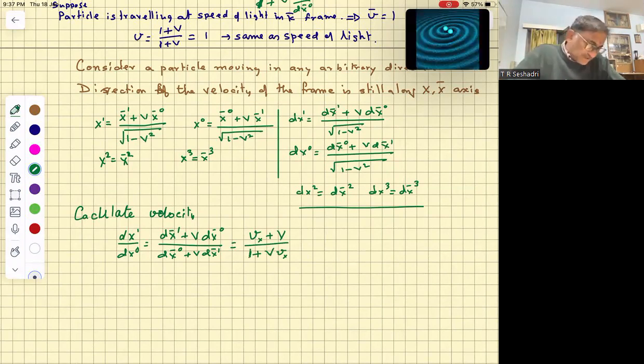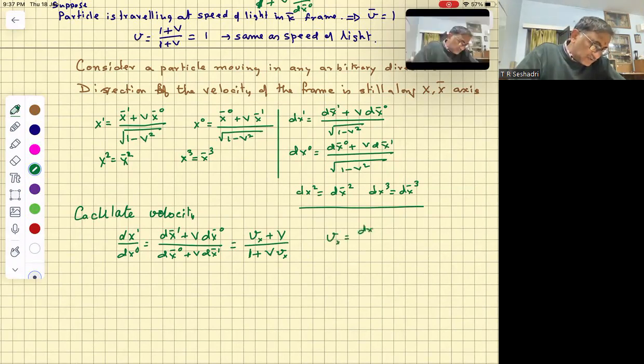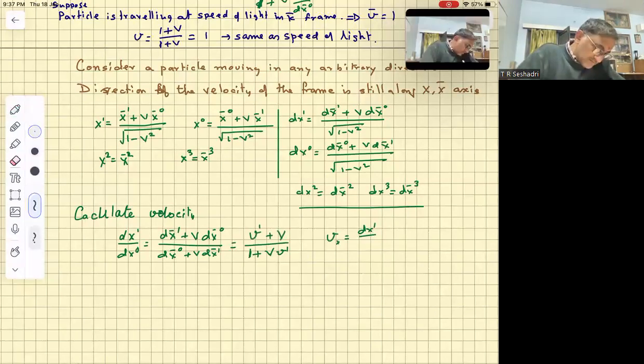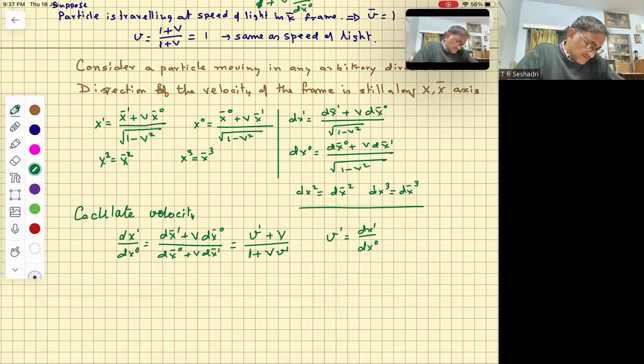Now Vx is equal to dx1 by dx0, or for uniformity of notation, I will just call it V1. So V1 is equal to dx1 by dx0, and V bar 1 is equal to dx bar 1 by dx bar 0.